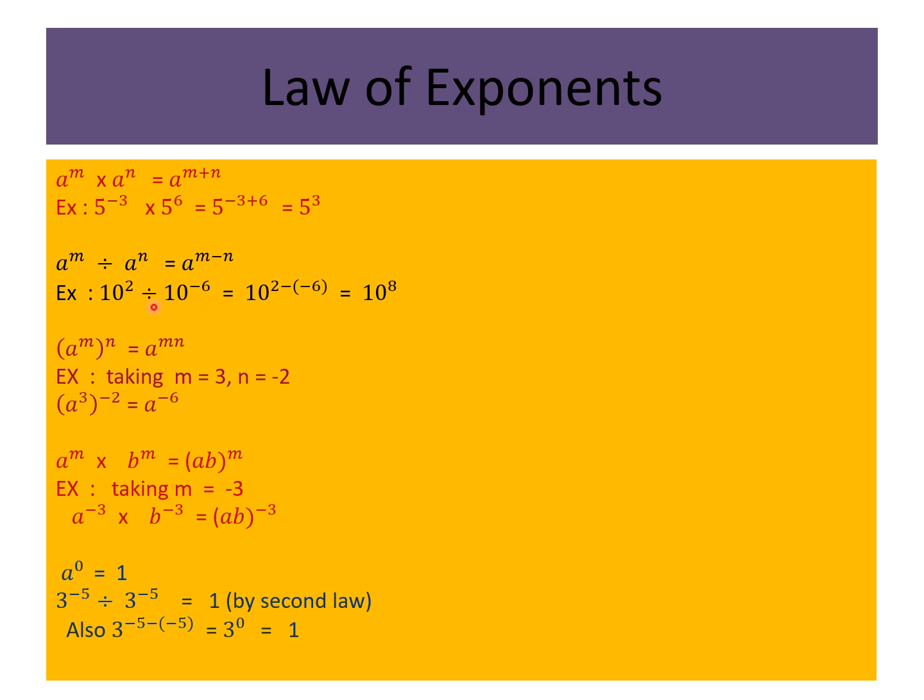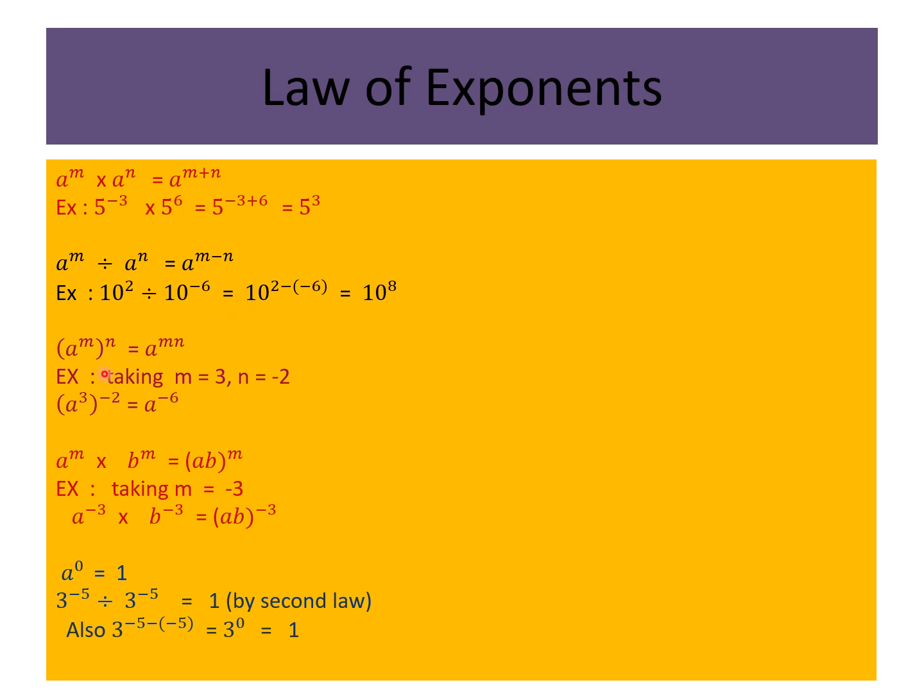Now we have the same base a equal to 10, which is equal to 10 power 2 minus of minus 6. Already we have a minus in the formula, so 10 power 2 minus of minus 6 is equal to 10 power 8.